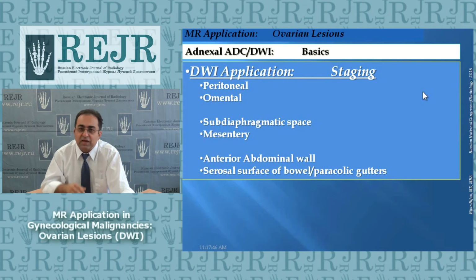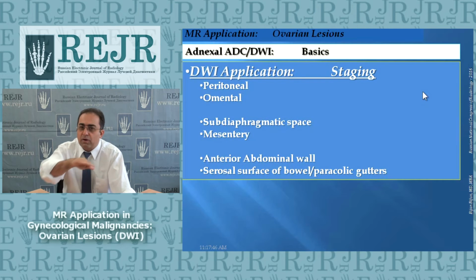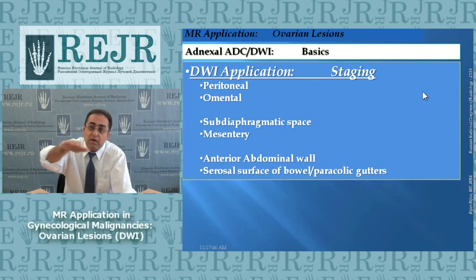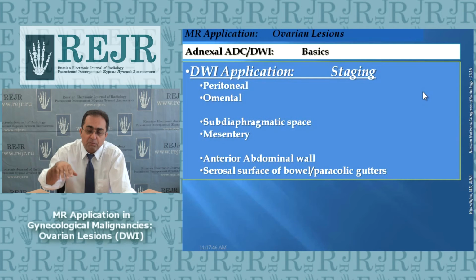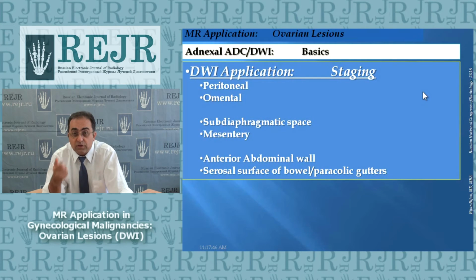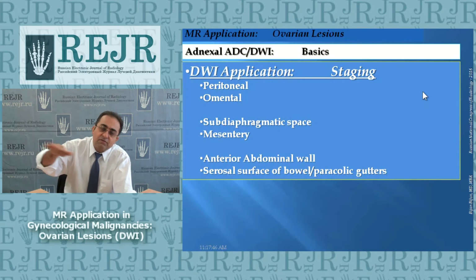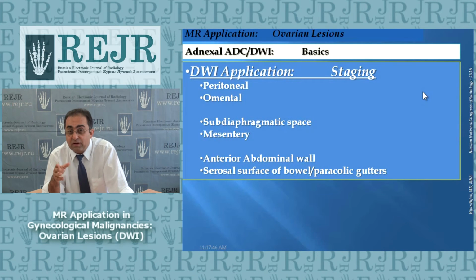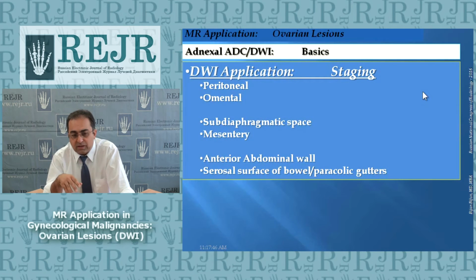That's some place that gynecologists, when they open the abdomen, actually go and touch. Even they get biopsies from there if they feel any abnormality. So that is one of the areas that we can detect by MRI by DWI much easier. Evaluation of the mesentery, the surface of the bowel, is very difficult to evaluate by any other modality. So these are the advantages.